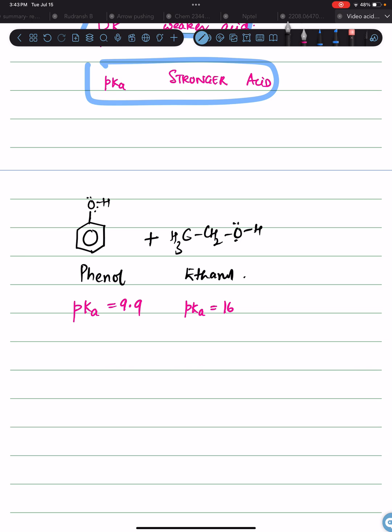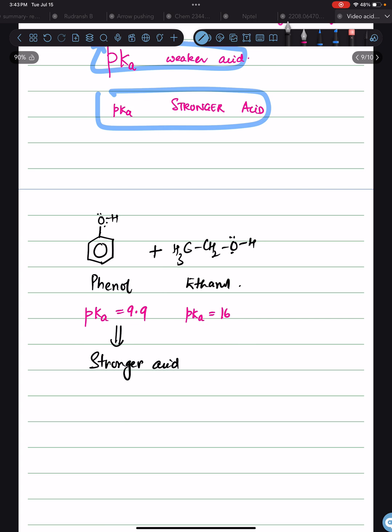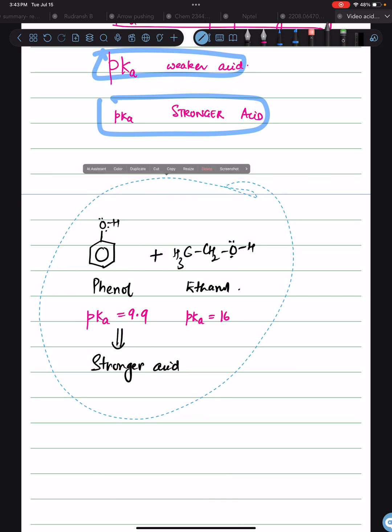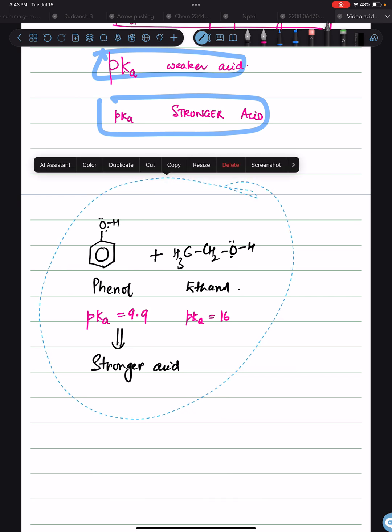You can see that of these two, phenol has a lower value of pKa, which implies that it is a stronger acid as compared to ethanol, which means now we can predict the course of the reaction, that who will act as an acid and who will act as a base.